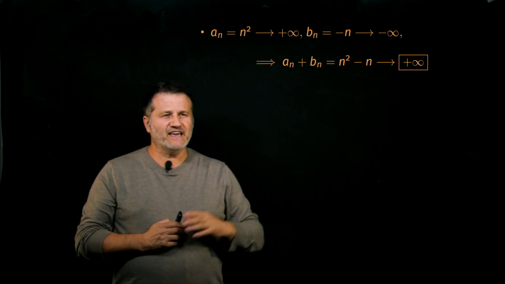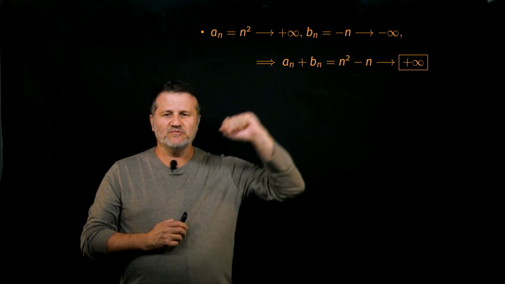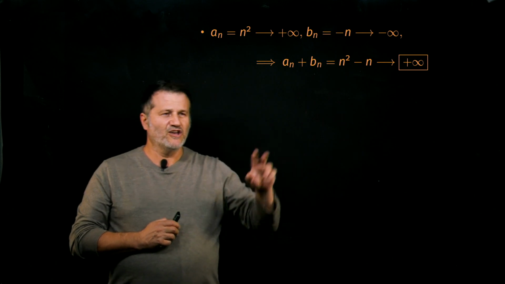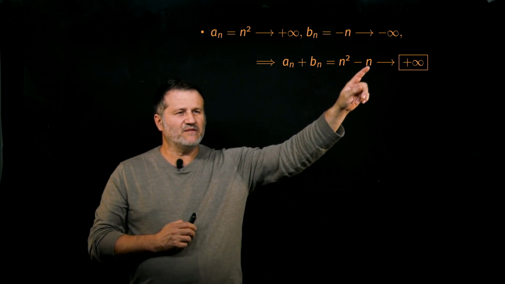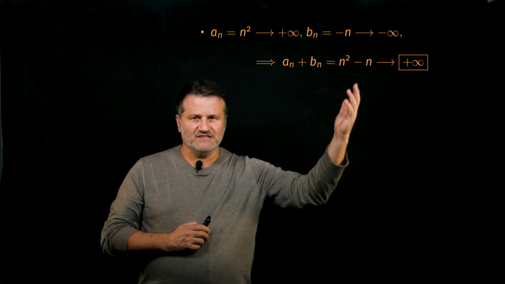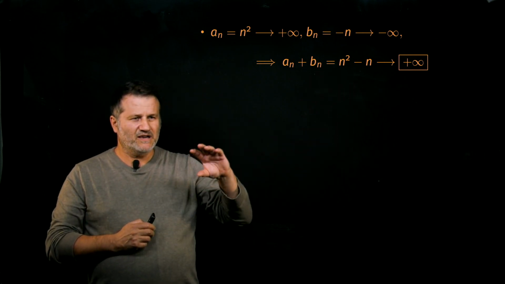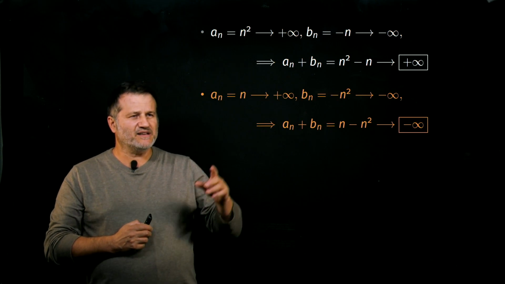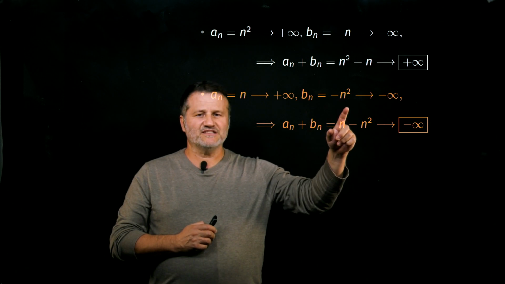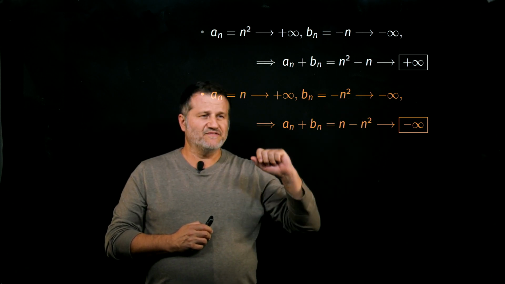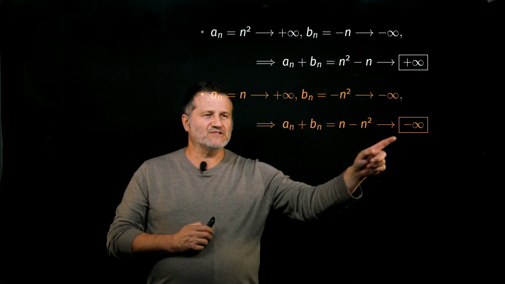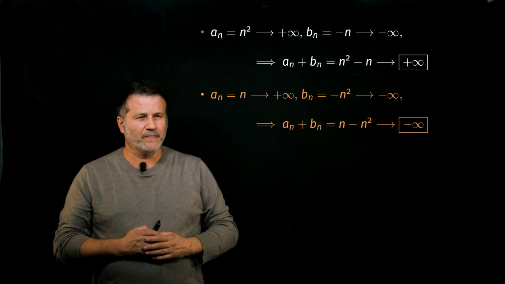So consider first the case when a_n is n squared, going to plus infinity, and b_n is minus n, going to minus infinity. We do the sum, and we obtain n squared minus n, that clearly goes to plus infinity because n squared dominates n. By reverting the two parts, a_n equal n, going to plus infinity, and b_n equal minus n squared, going to minus infinity, we get a_n plus b_n is the opposite of the previous one, so now it goes to minus infinity.